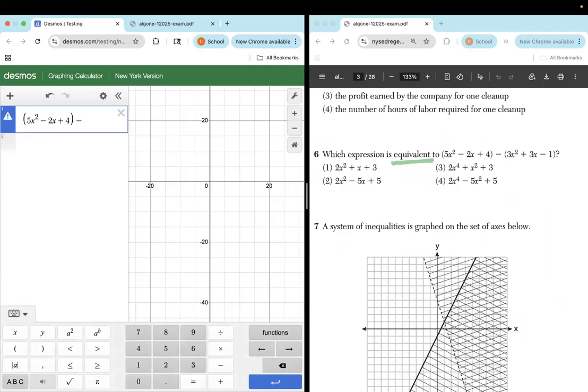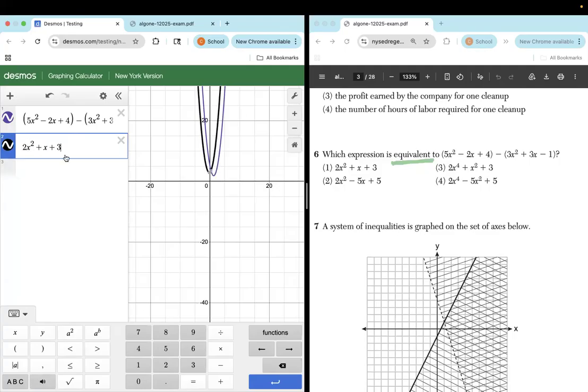5x squared minus 2x plus 4 minus 3x squared plus 3x minus 1. Now my answer choices, I'm looking for the one that completely overlaps this graph because that would mean it's equivalent. So let me test out choice 1, 2x squared plus x plus 3.